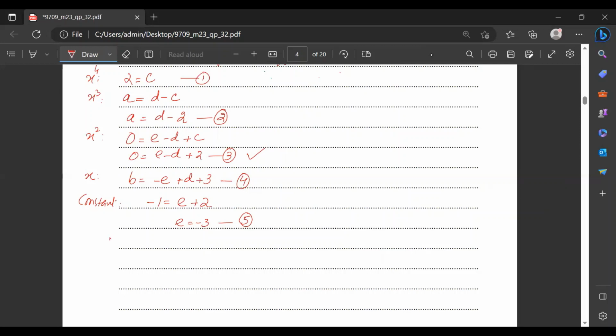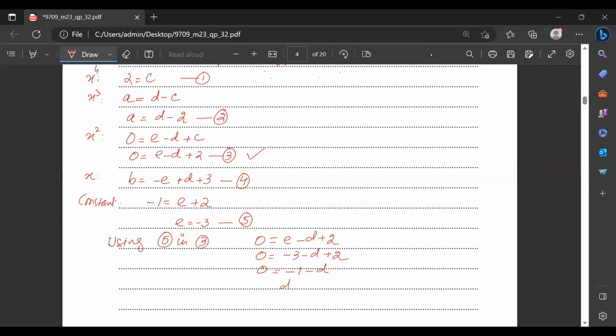This e can be used in 3 for the value of d. Using the result of equation 5 in 3, 0 equals e minus d plus 2, so 0 equals minus 3 minus d plus 2, 0 equals minus 1 minus d.